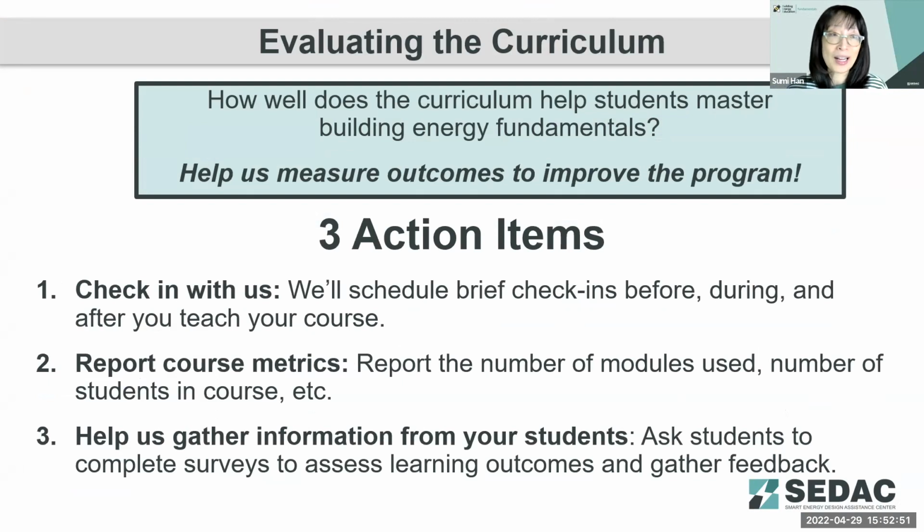Now our next big thing is to improve our curriculum and the program, and we need your help. There are 3 action items we're going to ask. We are asking your help to measure the outcomes of this program, and also some other things that we need to improve.